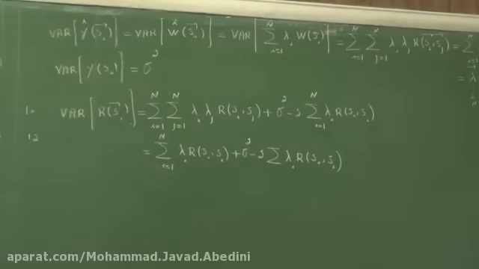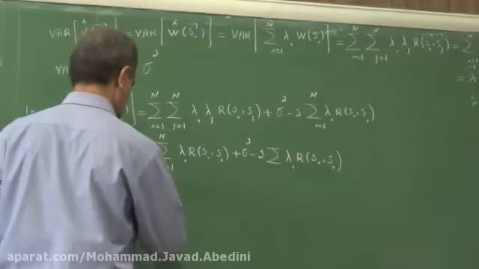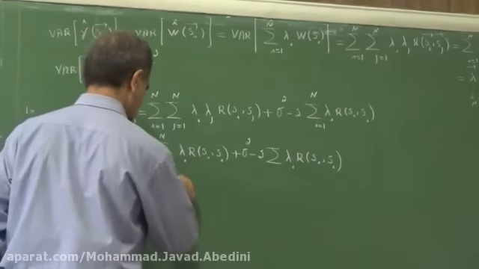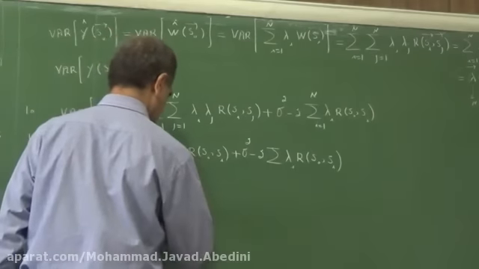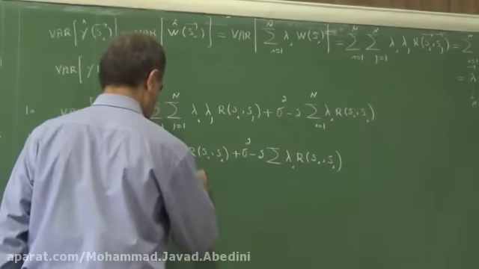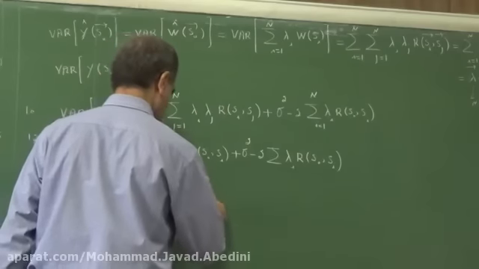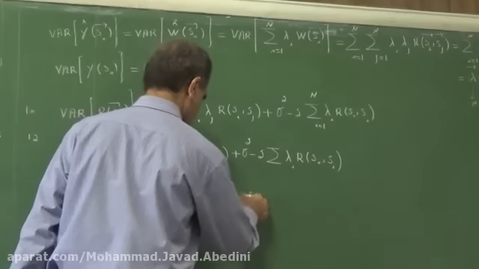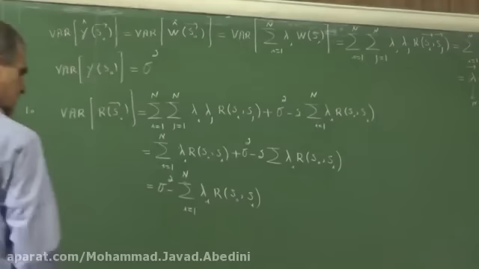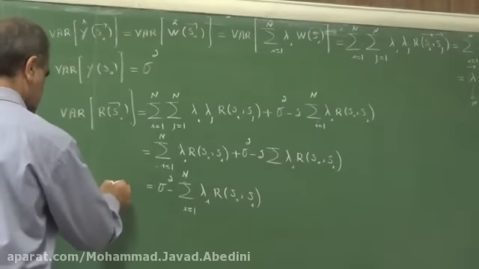You can simplify further this relationship, writing it as sigma 2 minus summation i from 1 to n lambda i r sub S0 Si. This is variance of residual.